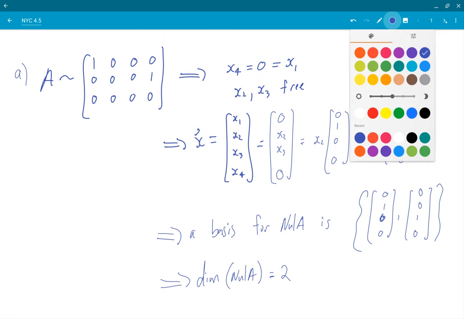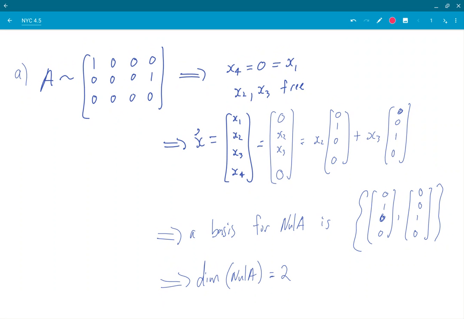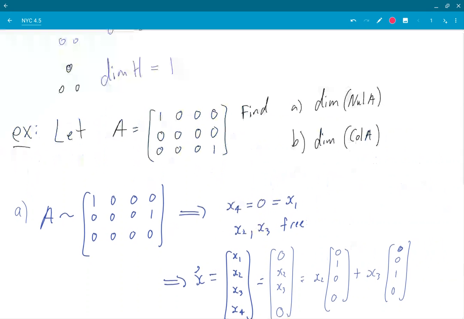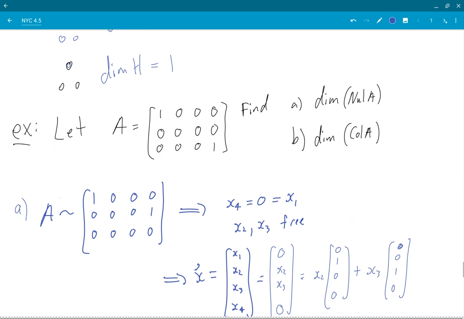We saw before that a basis for Col A can be found by looking at the pivot columns of the original matrix A. The pivots appear in the first and fourth columns. So I take this guy and this guy as my basis elements for Col A.